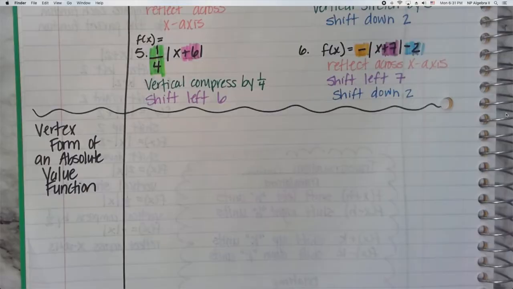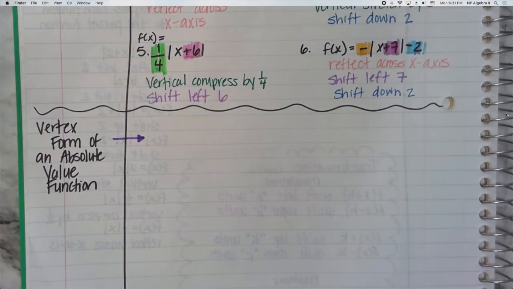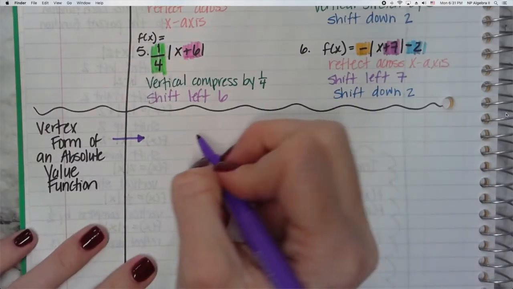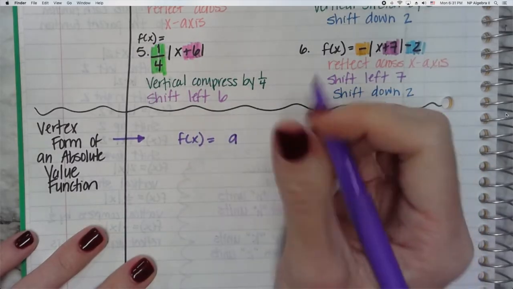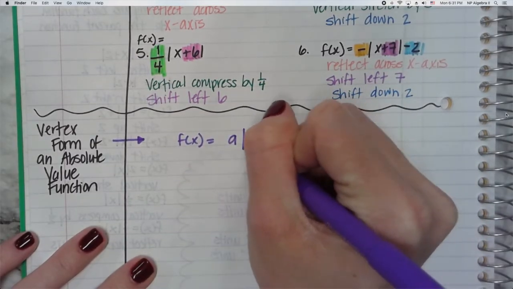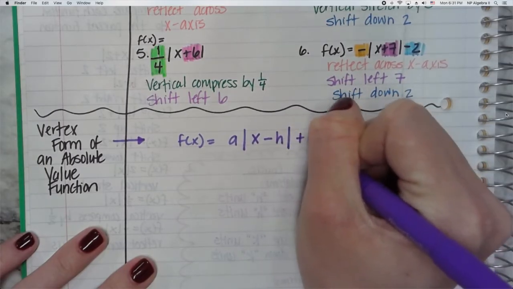And this is what vertex form looks like. F of x equals a times the absolute value of x minus h plus k.